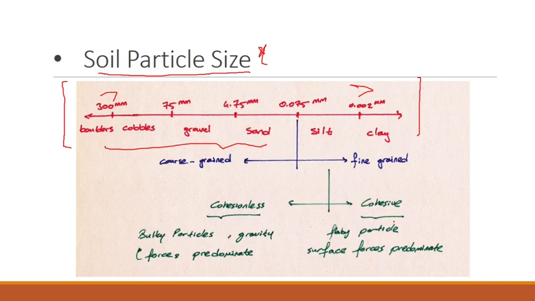These properties are related to their shapes, flaky particles, due to surface forces, and other cohesive properties. Coarse grained soils have bulky particle shapes, and the effective force is gravity.